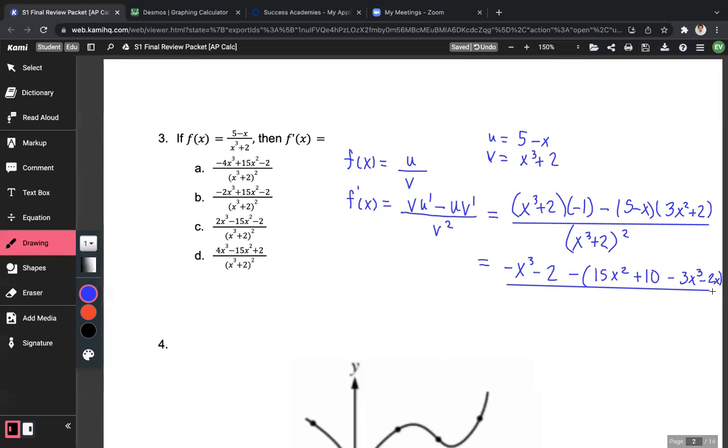My numerator, denominator is unchanged. Simplify that guy one more time. Negative x cubed minus 2, remembering my order of operations because I know I can never ignore that. And finally, combining my like terms.